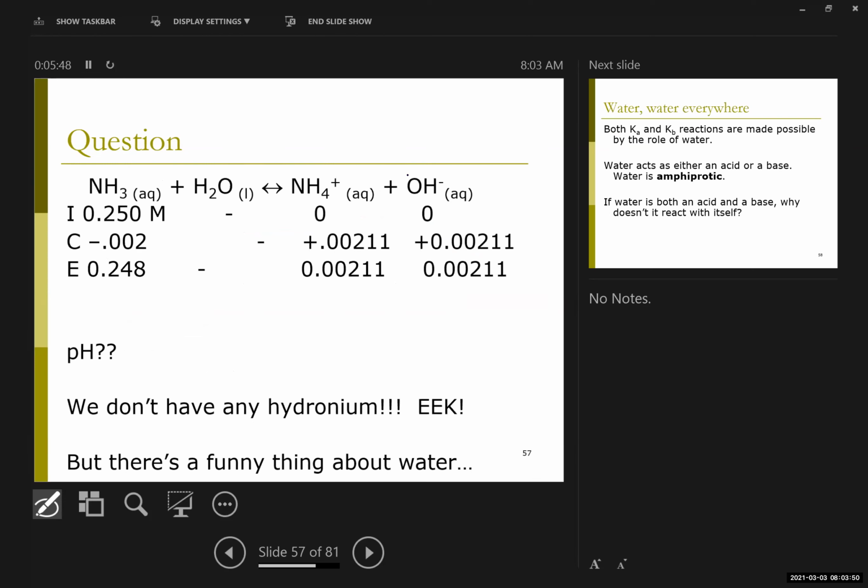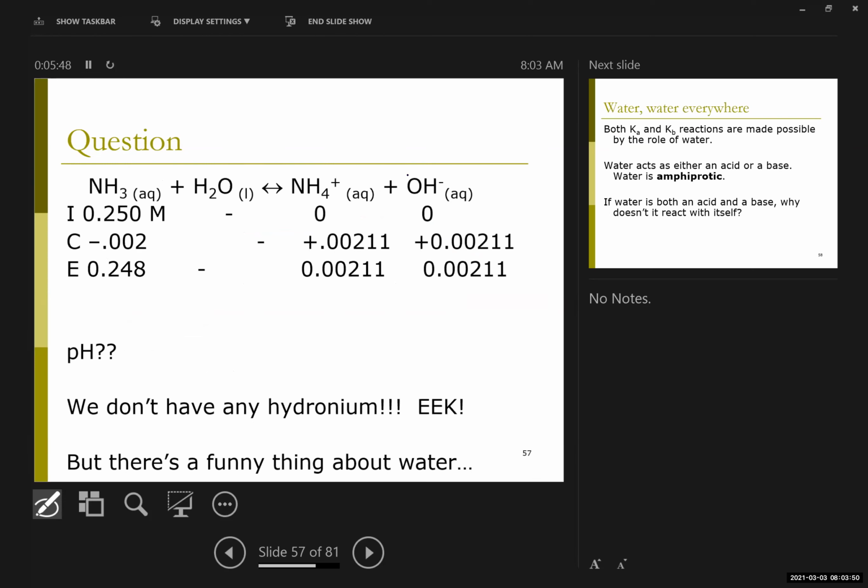Because otherwise, my tendency might be to just take the log of one of the numbers I have. And frankly, historically, the logical thing is to take the log of x. After all, I went through all that trouble to find x. But in fact, x does not represent hydronium, and pH has to be the concentration of hydronium.